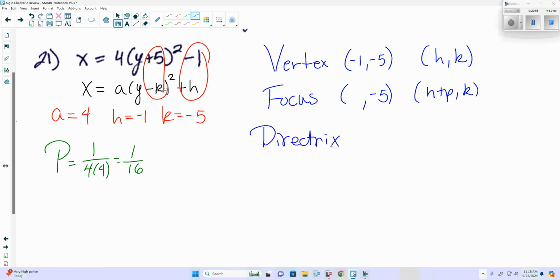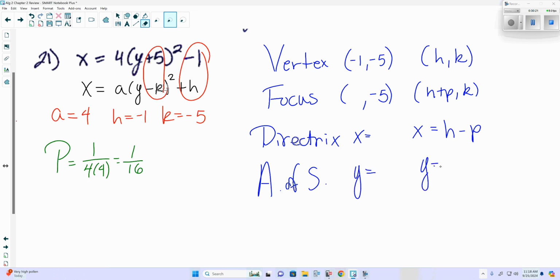Directrix. The general form is not y equals, it is x equals h minus p. And I like the fact that I did that because, as you saw, it's easy to switch these up.